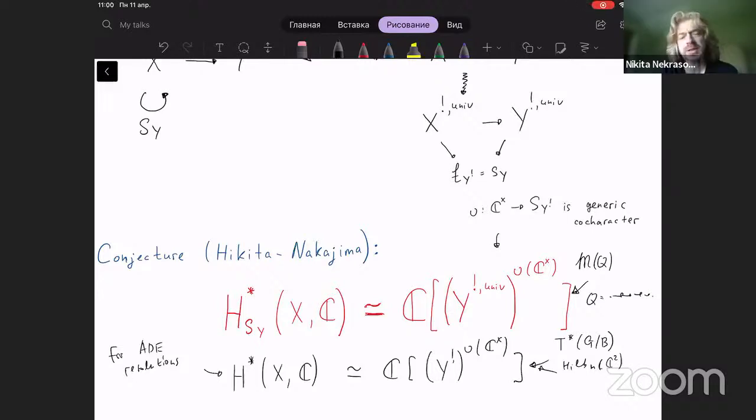Isn't it a statement about the structure of the Bethe roots of the quantum integrable system which is based on X? Yeah, maybe we will see this at the very end of the talk. In that case, I tend to disagree with Braverman's statement.